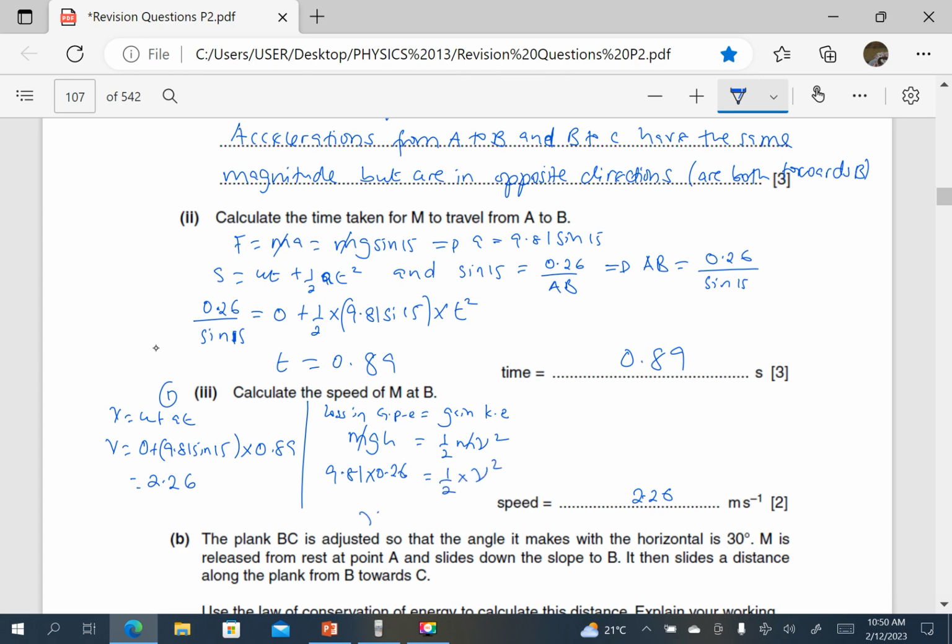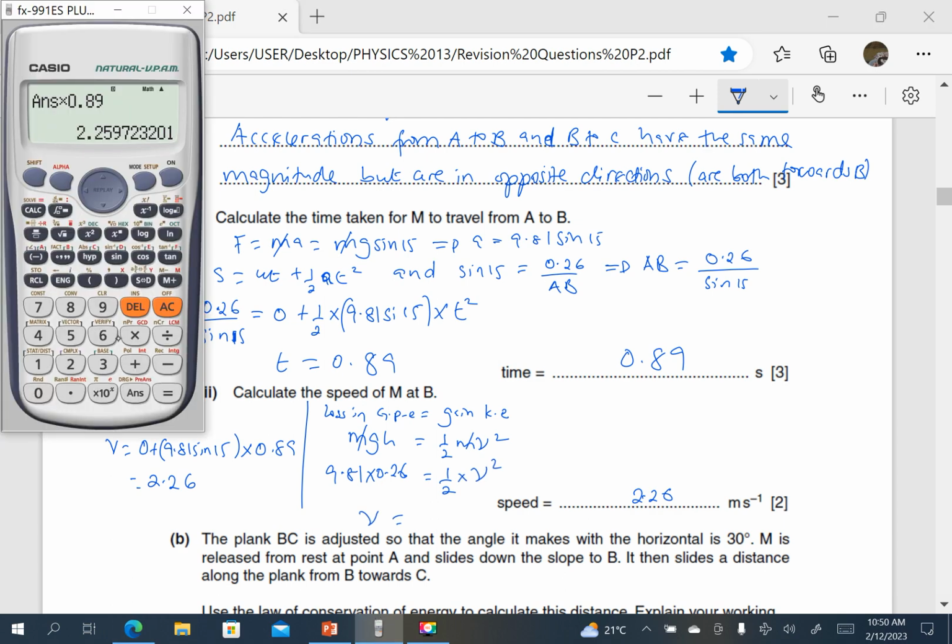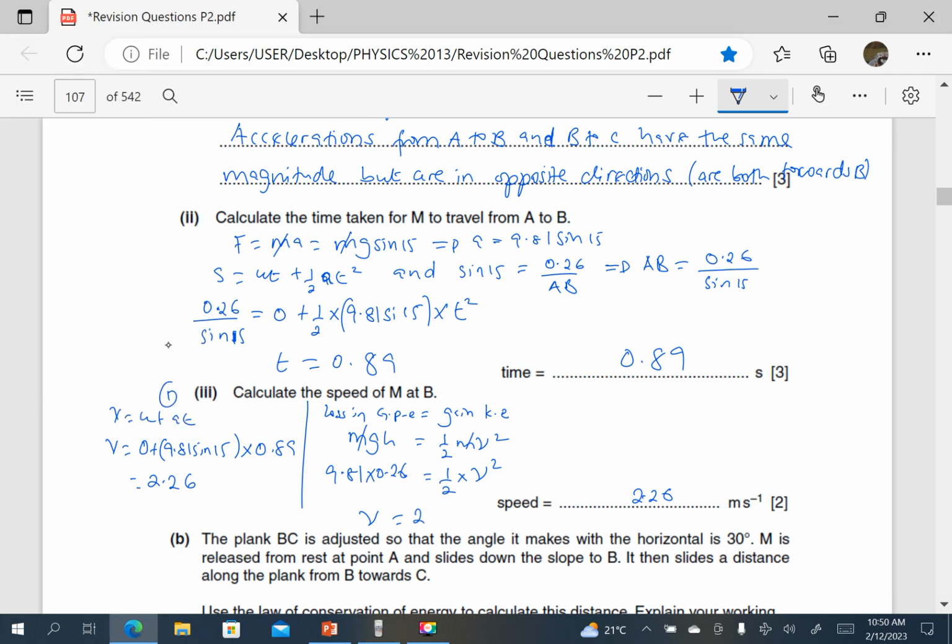I'll just press the calculator to get v. 9.81 times 0.26 times 2, then square root. So we are getting 2.26 meters per second.